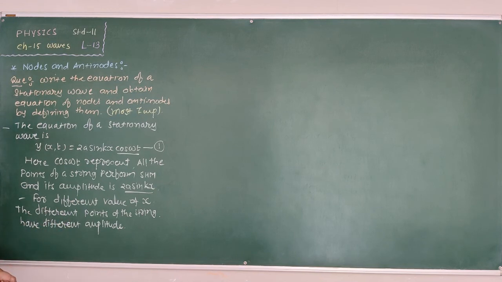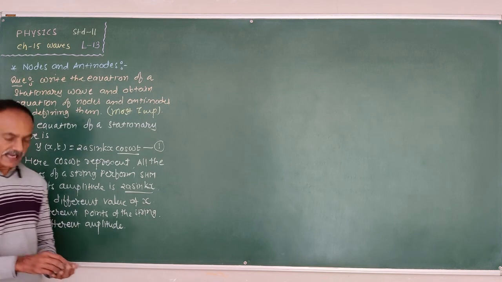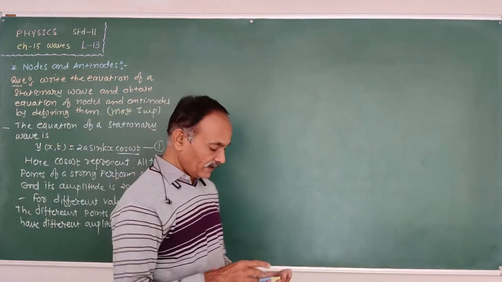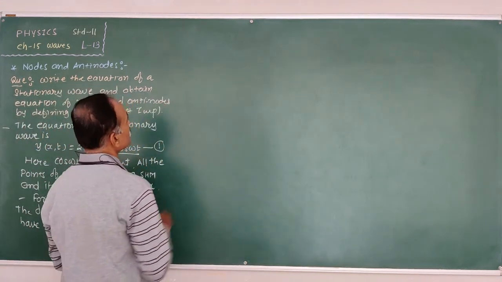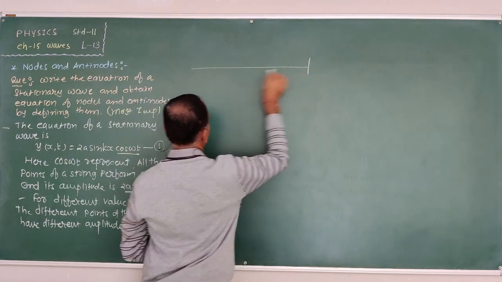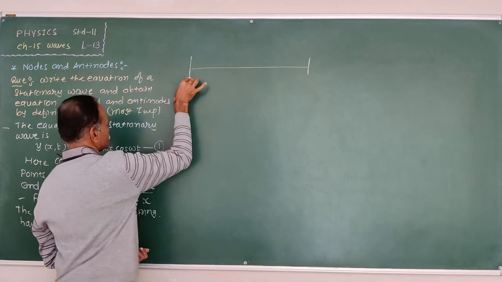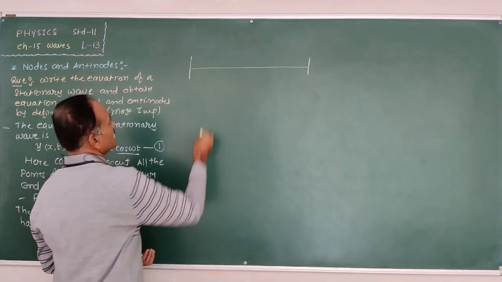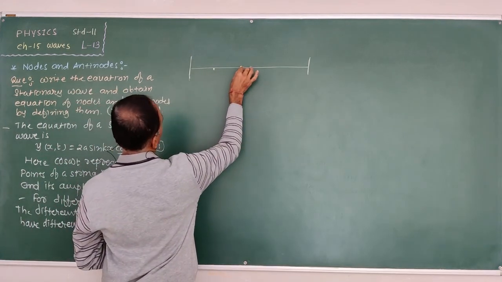First we draw the diagram of the stationary wave like this. Here the string is tied at both ends, and the stationary wave is like this.